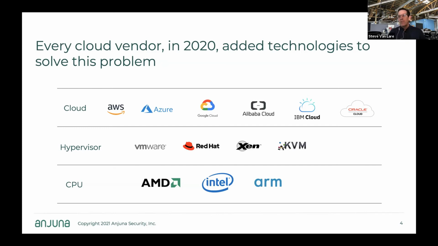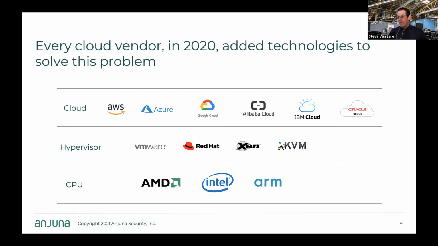Amazon announced in November, Azure announced in May, Google announced in June, Alibaba, IBM, Oracle, they've all made their announcements in terms of A, this is important, and B, they're going to be supporting it and they're investing large in making the capabilities available to all of us to take advantage of.